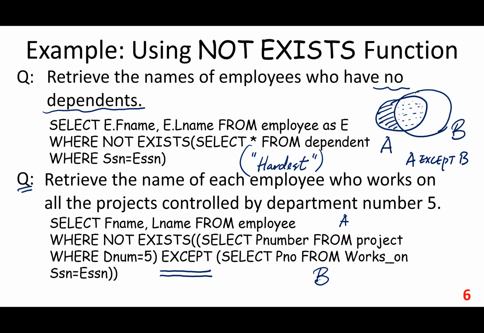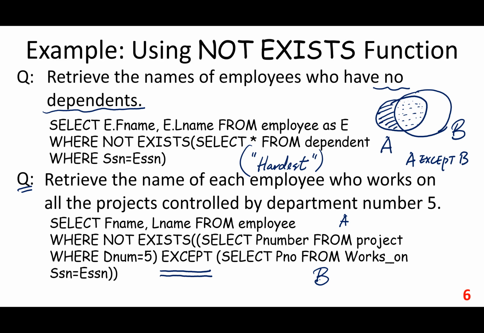So what is the A part? All the project numbers controlled by Department 5. That's the A part, the list of project numbers controlled by Department 5. That's the A set.